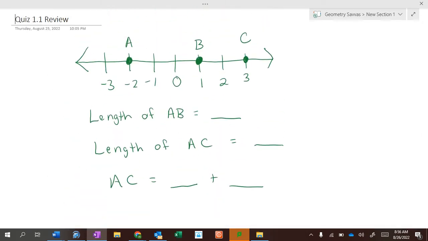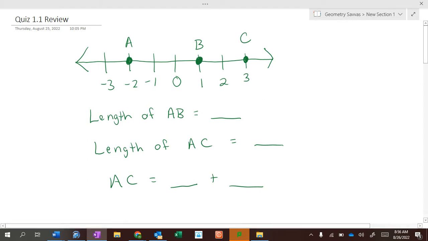All right, so we have a line here, but we're looking at how to figure out distances. Now, what's one thing we know about distances? They're never ever negative. All right, so the length of AB. How do we find the length of AB?